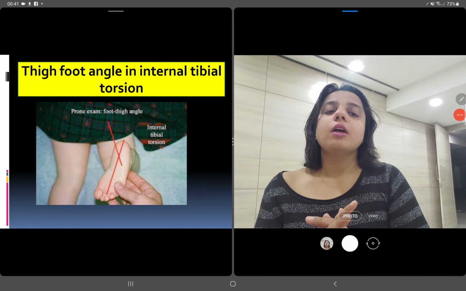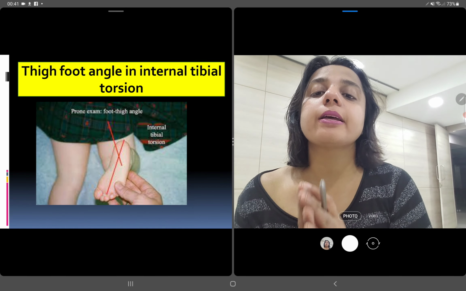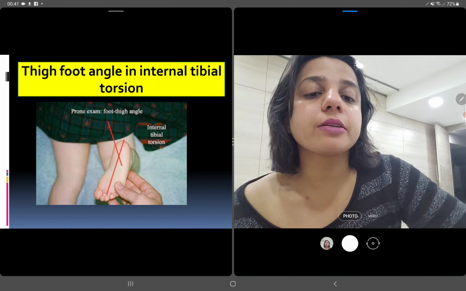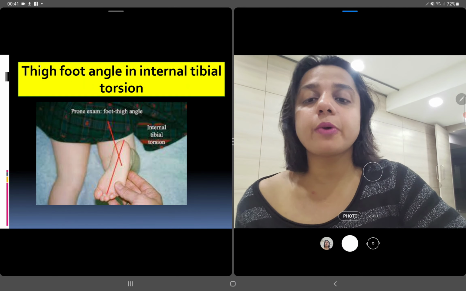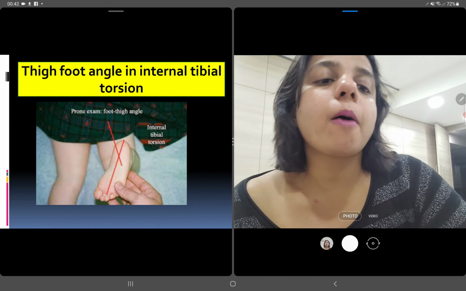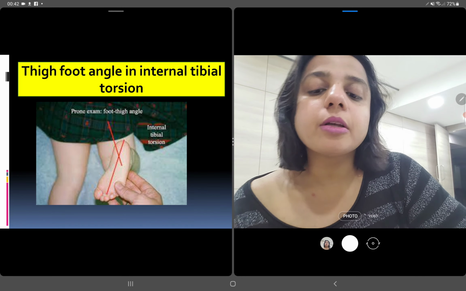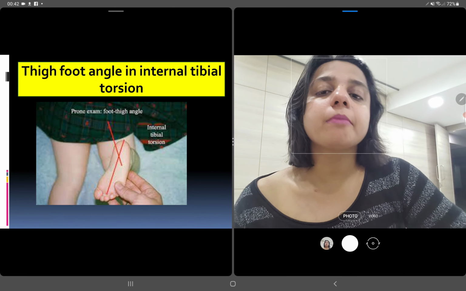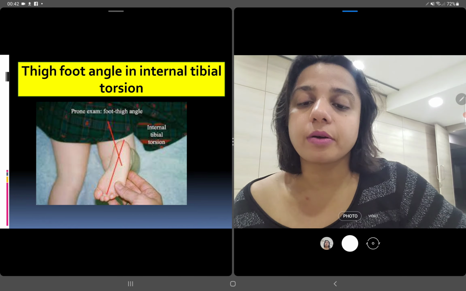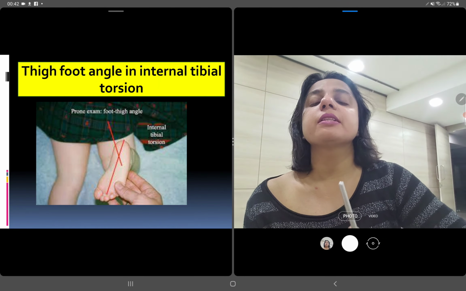So that was all about intoing. Now I will recapitulate all the things I have discussed. Whenever any patient comes to you with the problem of intoing, you have to consider that the problem may be in the femur, the tibia, or the foot. To rule out a femur problem, first you will see if the patella is facing inward or not. If it is not facing inward, then there is no problem in the femur.